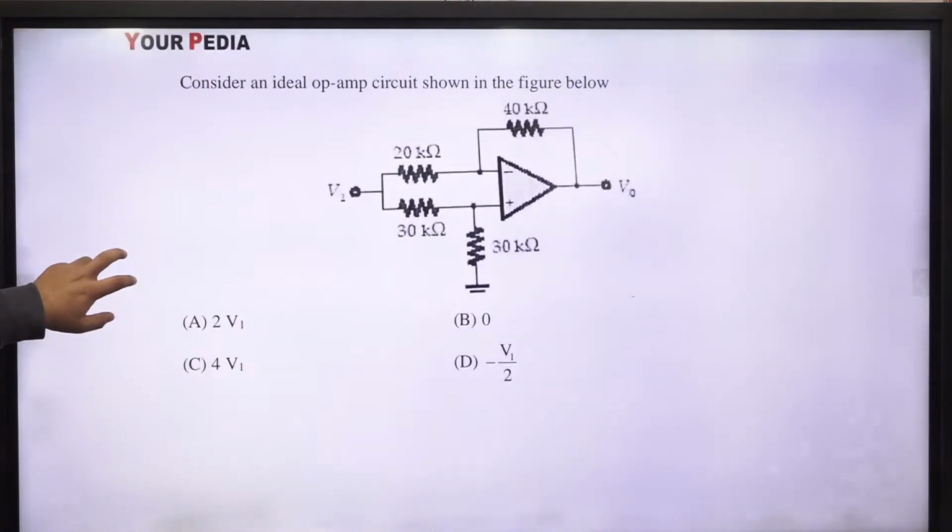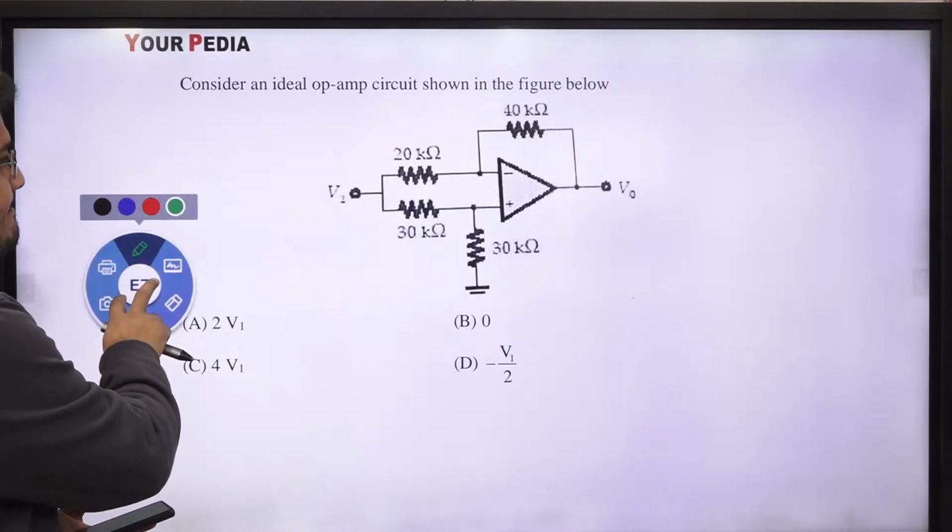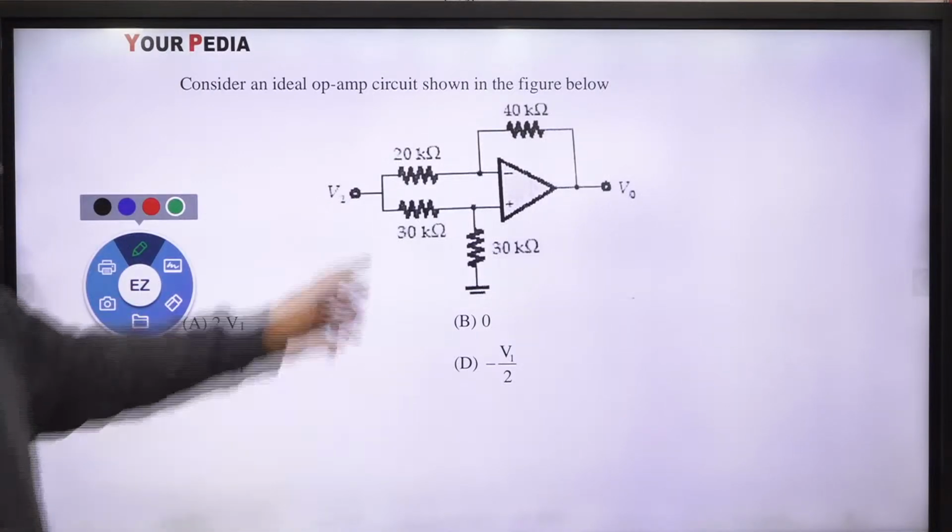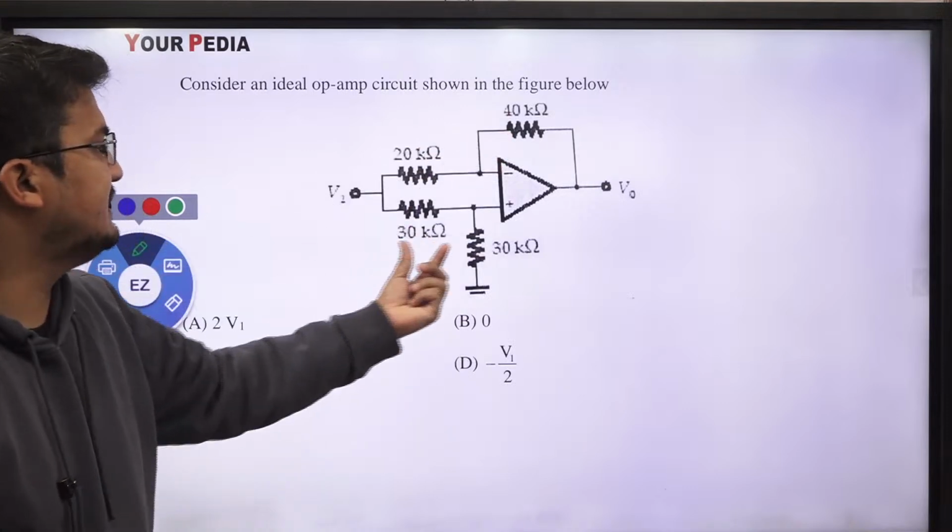Tell me the answer for this, guys. Do it fast. What will be the answer for this? This one is 20k, this one is 40k, this is 30k, this is 30k.